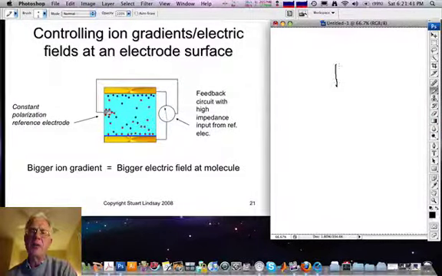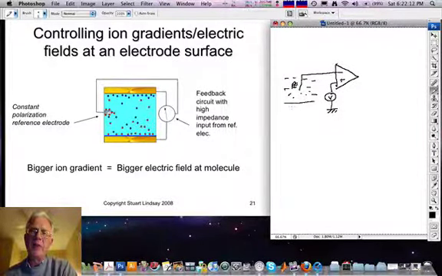So I'm asking you to remember the electronics you learnt in Chapter 4. So here is an operational amplifier with an inverting and non-inverting terminal. The non-inverting terminal is biased at some potential V with respect to ground. The inverting terminal is connected to the reference electrode that is immersed into the solution.